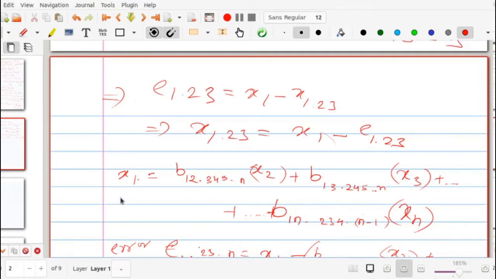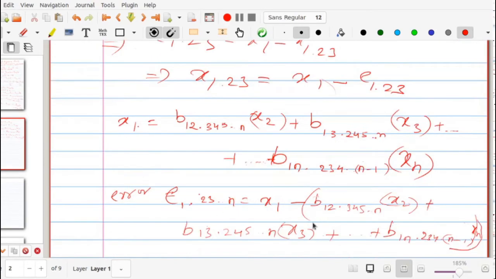So if you consider n number of variables x1, x2 up till xn, this equation can be written in this format. So x1, the estimated value, will be equal to the regression coefficient of 1 on 2, keeping all other variables from 3 to n fixed, multiplied by x2, plus the regression coefficient of 1 on 3, keeping all other variables fixed, multiplied by x3, plus, and so on.